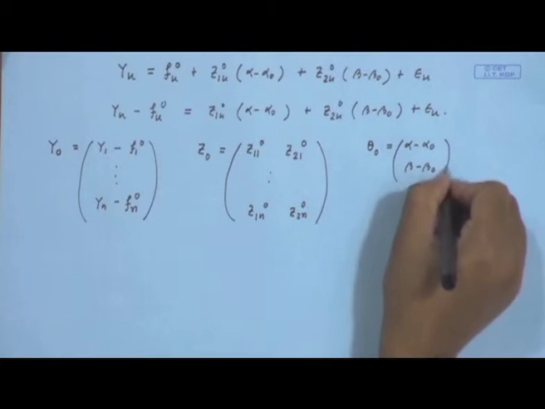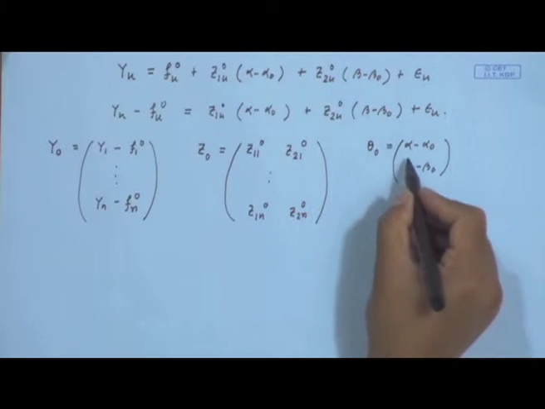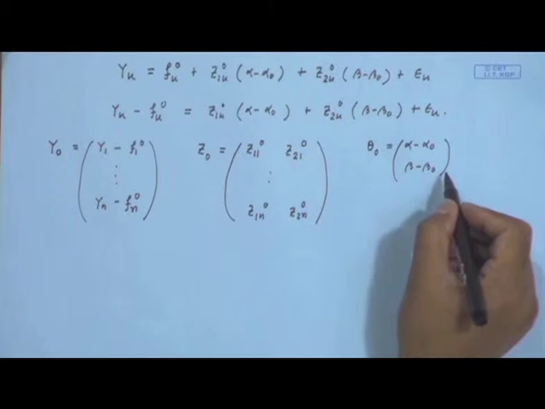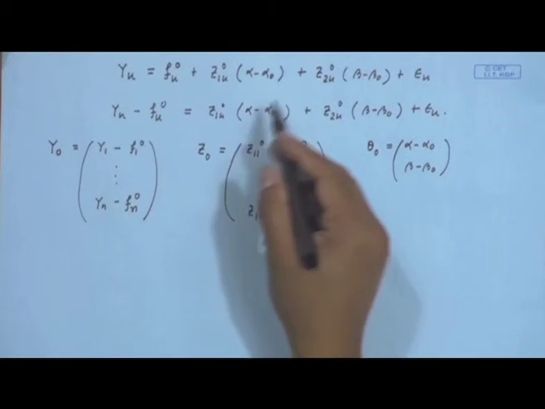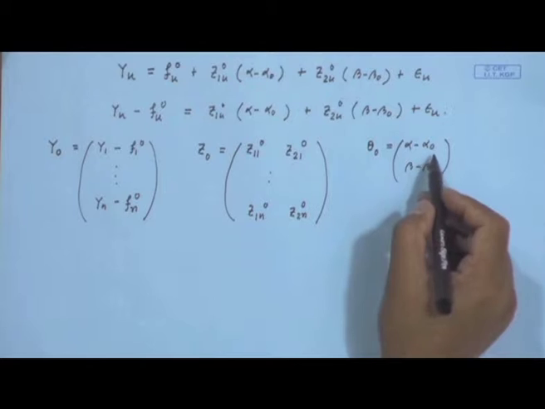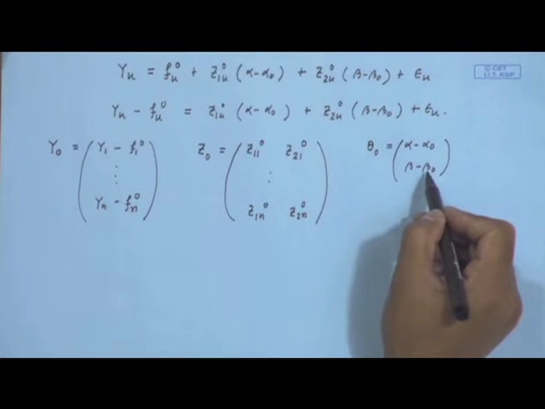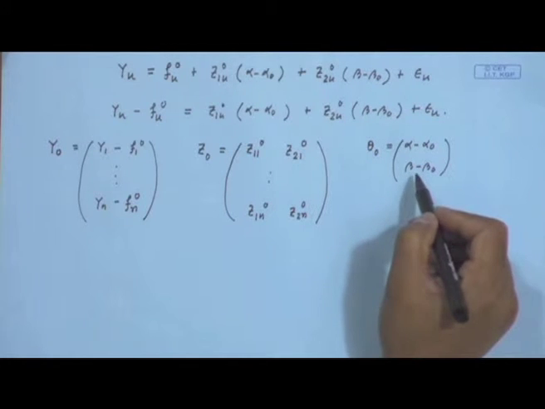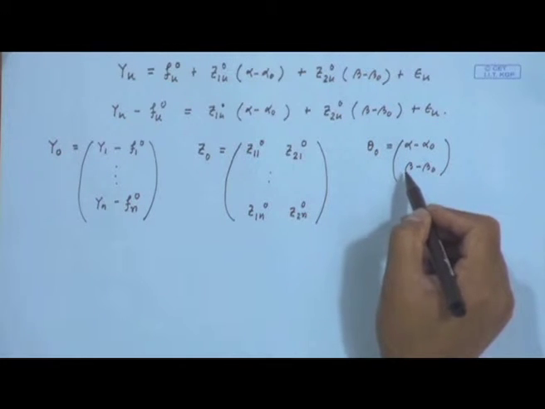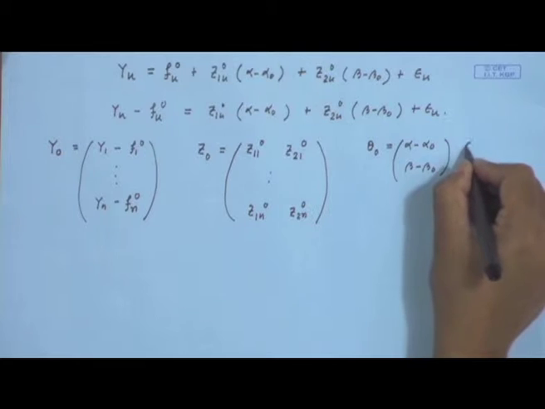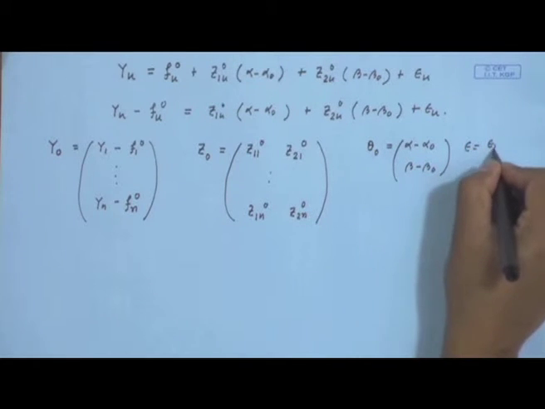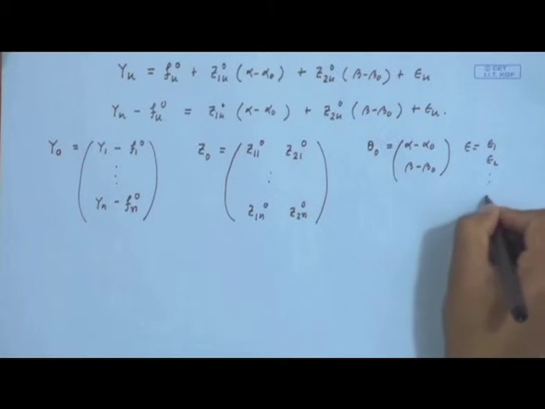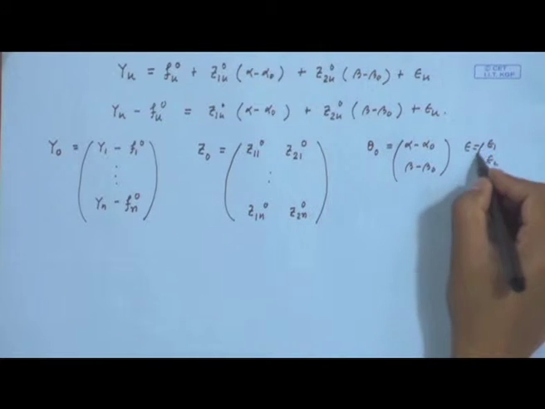So, we want to estimate the parameters alpha and beta, and we approximated this function about alpha naught and beta naught. We will see how to estimate alpha and beta, because that is what our aim is, and epsilon is, of course, epsilon_1, epsilon_2 up to epsilon_n.